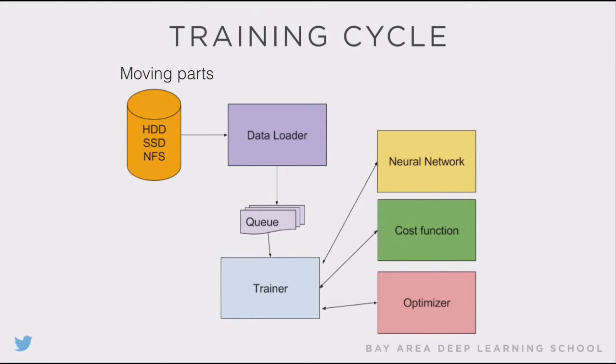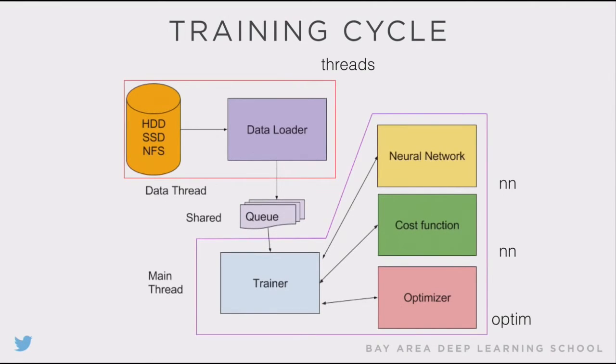So we've got our data stored on a hard drive or on a big distributed file system, and we have some system for loading that data off of that file system, which goes into a nice queue, and then some training code which orchestrates a neural network, so the thing actually making the prediction, a cost function, which is a measure of how good our neural network is at any point in our training, and an optimizer, which is going to take the gradient of the cost with respect to the parameters in the neural network and try to make the neural network better. So in the Torch ecosystem, we've got some packages that tackle each one of these separately.